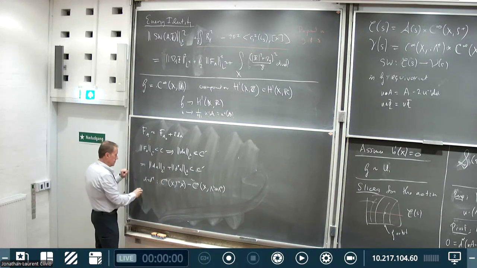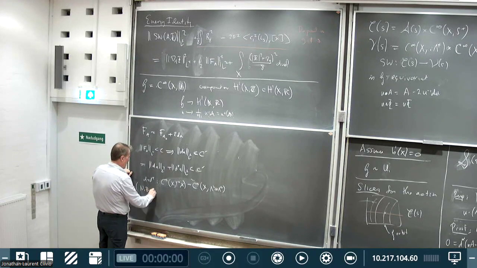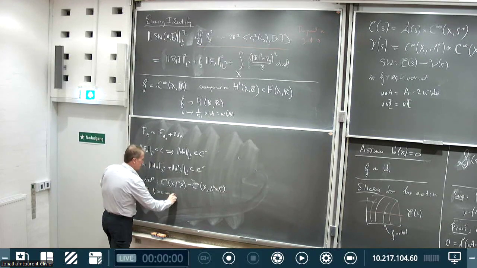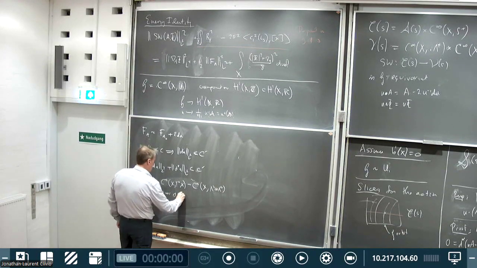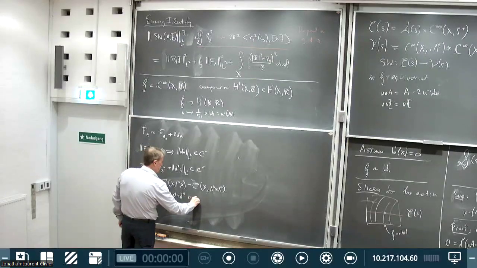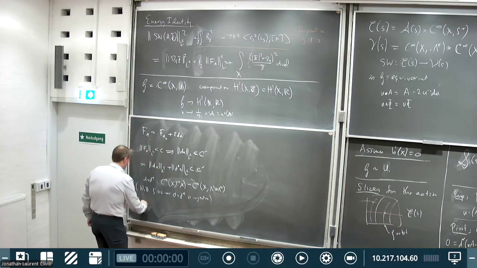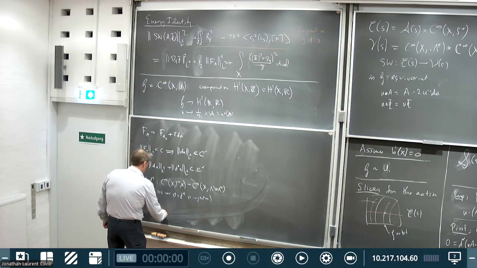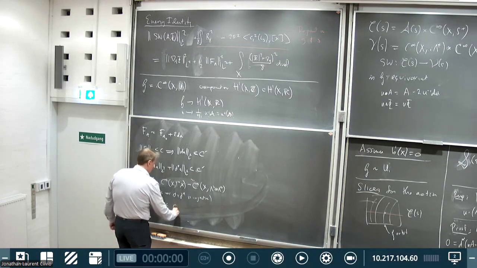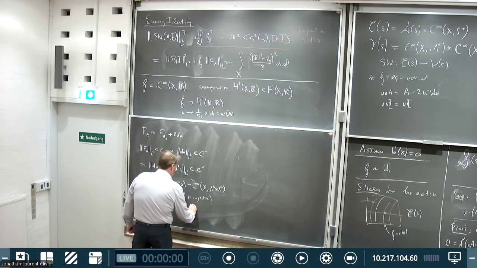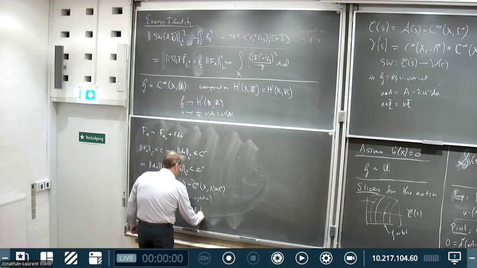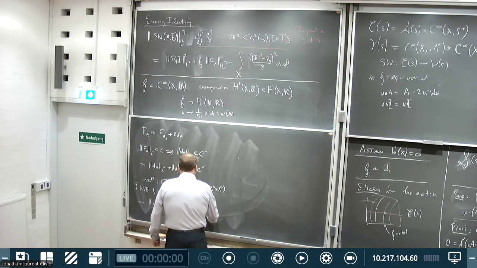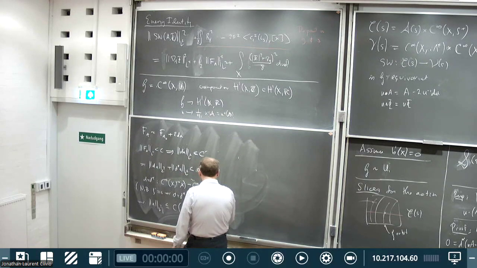So B1 equals 0 implies B plus B star is injective. So that means that A is L2 one bounded, and it's bounded by some constant.